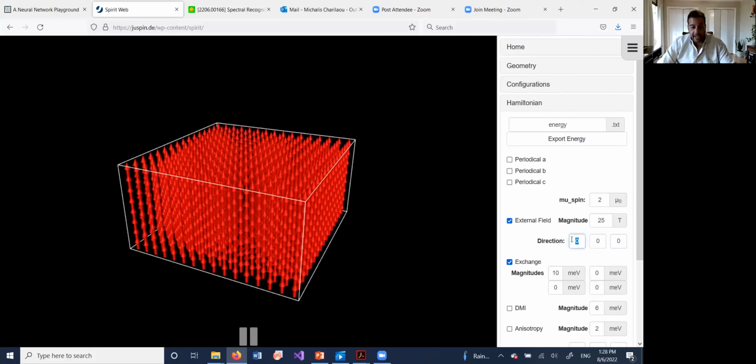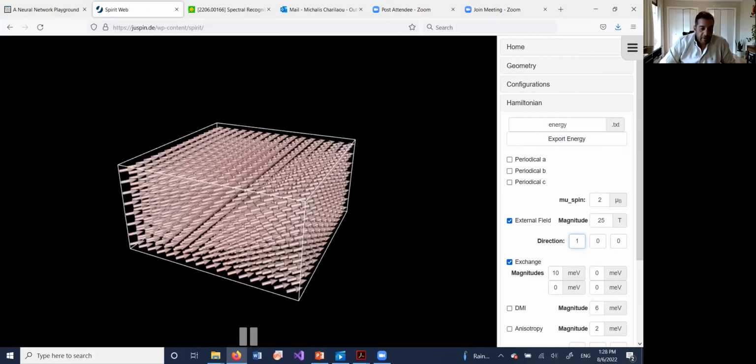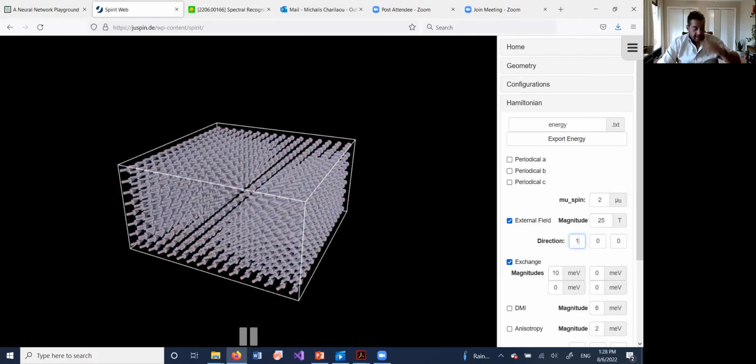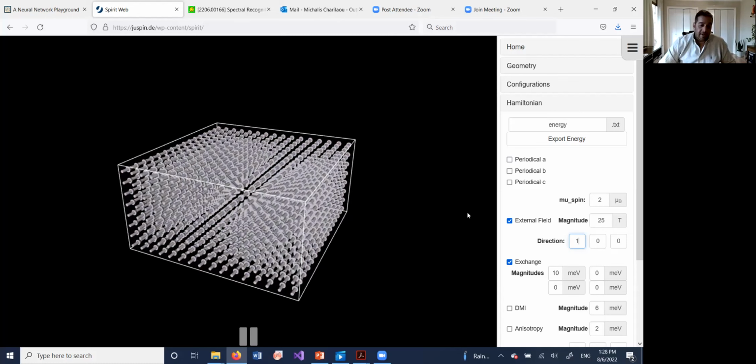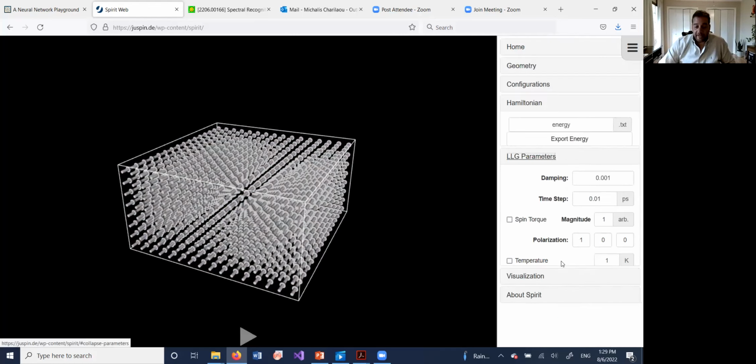If I try and change it again, it follows a similar motion. It kind of spirals into the new direction. So that means we are not just dealing with static things here. We're dealing with dynamic things. As I said, electrons, materials move very fast. They make fields, and those fields also move as a function of time. And the speed at which they move depends on the internal parameters of the system.